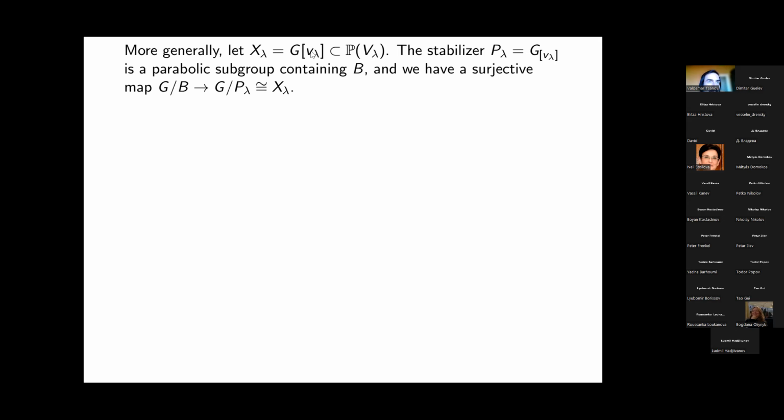And since the Grassmannians are projective by the Plücker embeddings, all of these X lambdas, all of these flag varieties are projective. So for the other classical groups, we have to take chains of isotropic subspaces. And for exceptionals, it's a bit more complicated. But again, there are concrete geometric models for those, as well as this universal representation as orbits.